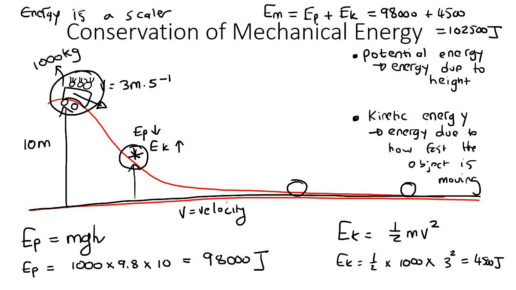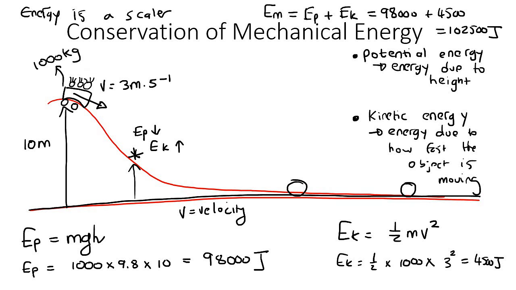All that happens is the potential might change and the kinetic might change, but it all balances itself out so that the mechanical energy stays the same no matter where the object is.